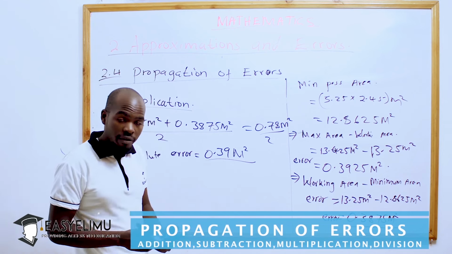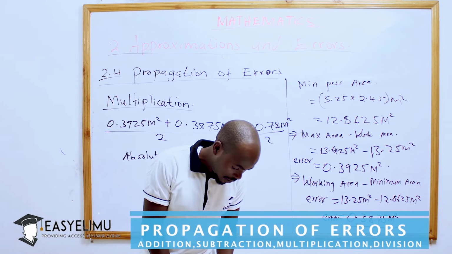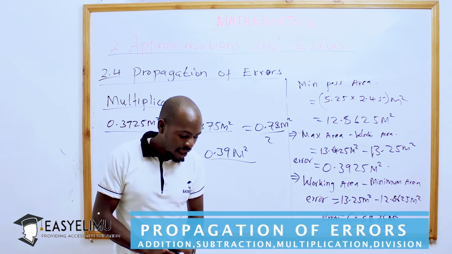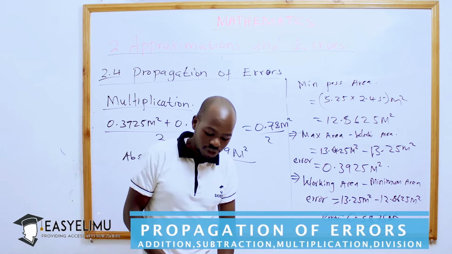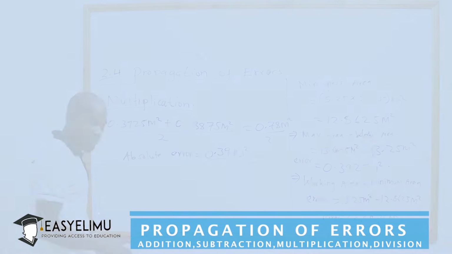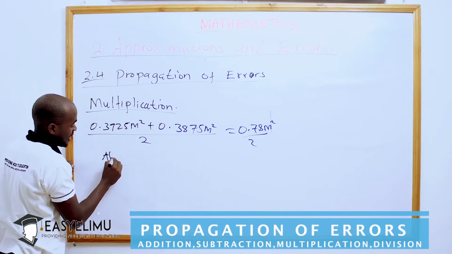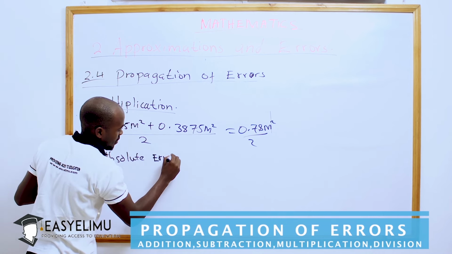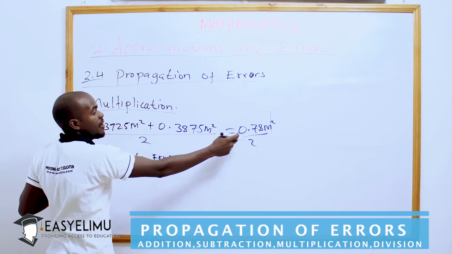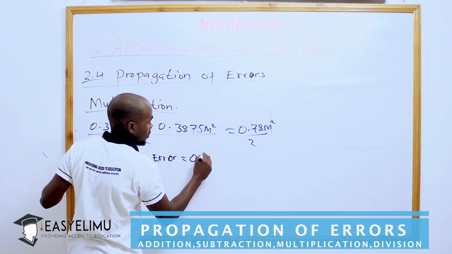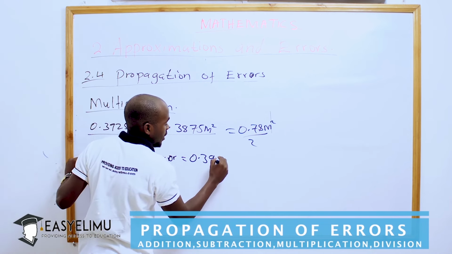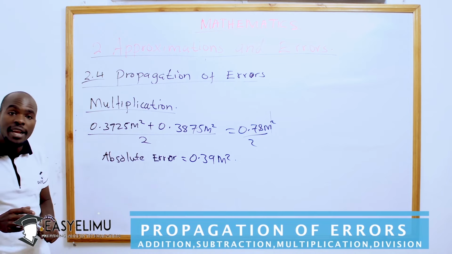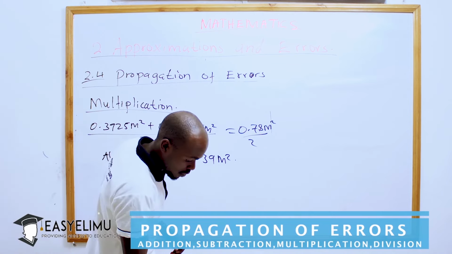But we were told also to calculate the error in the area of the pond. So finding the absolute error here, we are going to divide by 2 and you will find this one is going to give you 0.39 square meter. But we have been asked to find the relative error also of the pond.